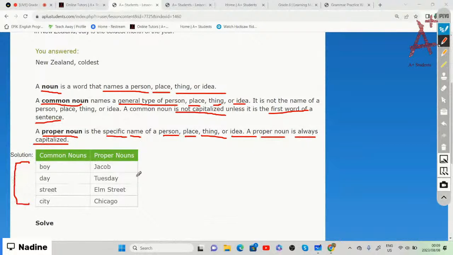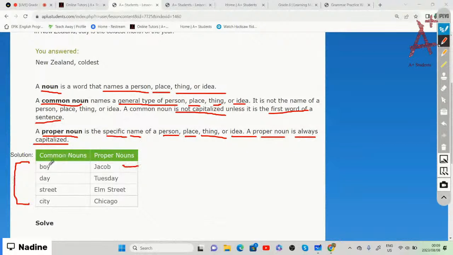For example, boy, right? If we just generalize a boy, we are talking about any boy. That is a common noun. But if we are specifically talking about a specific boy, then we can maybe make mention of, for example, Jacob, right?